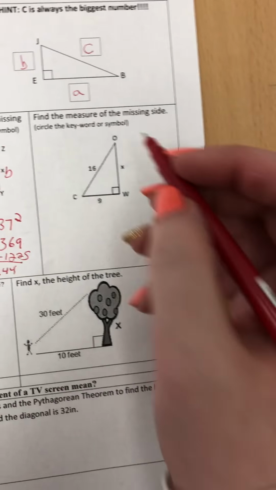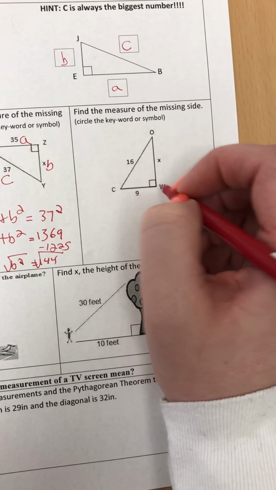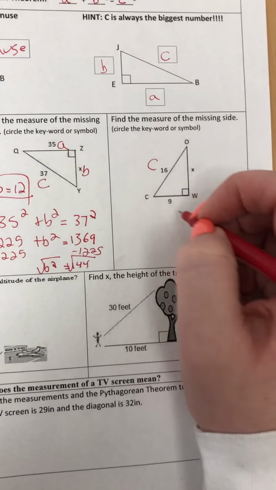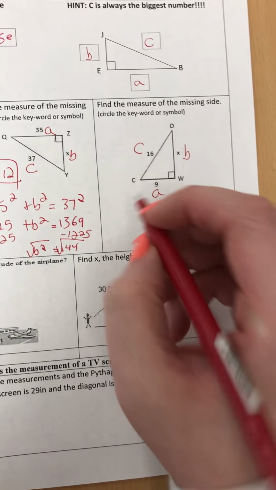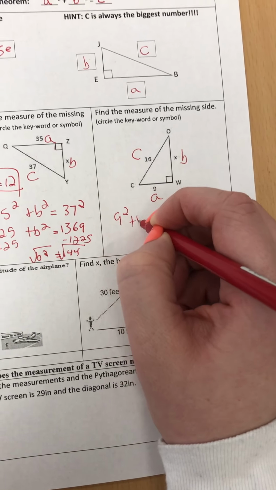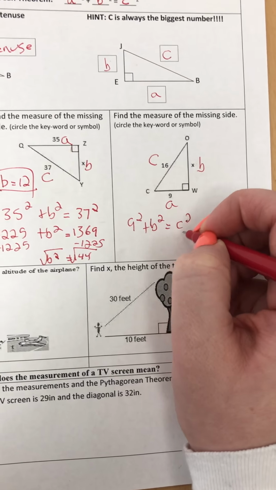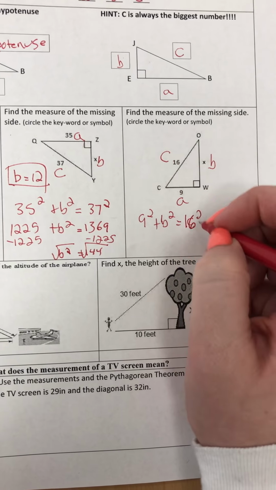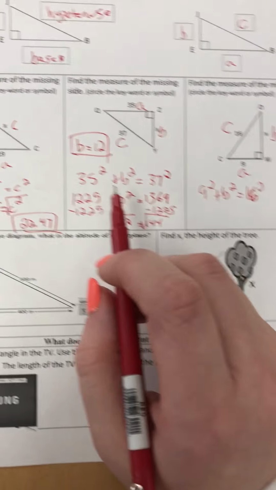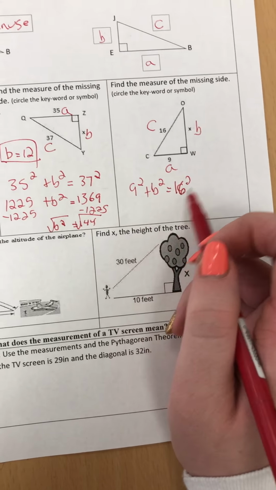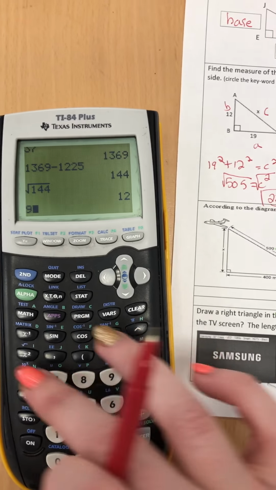Let's try one more. All right, so across from my square is always the C. So we'll make this A, we'll make this B. So I have 9 squared plus B squared is equal to, excuse me, 16 squared, because we do know what C is. All right, so I'm gonna do the same thing I did in this problem where I simplified the squares first.